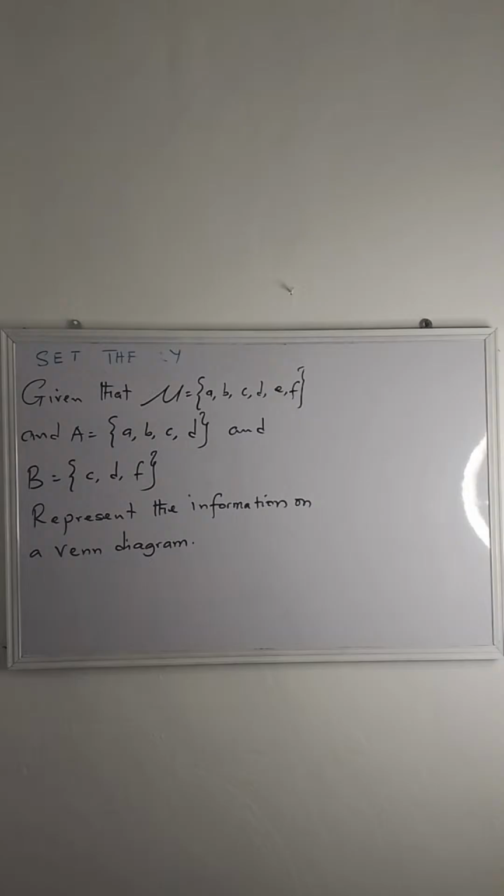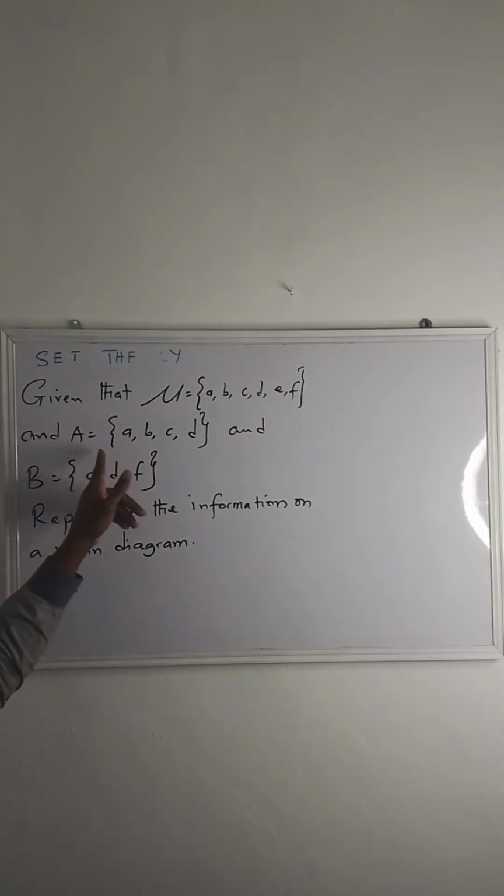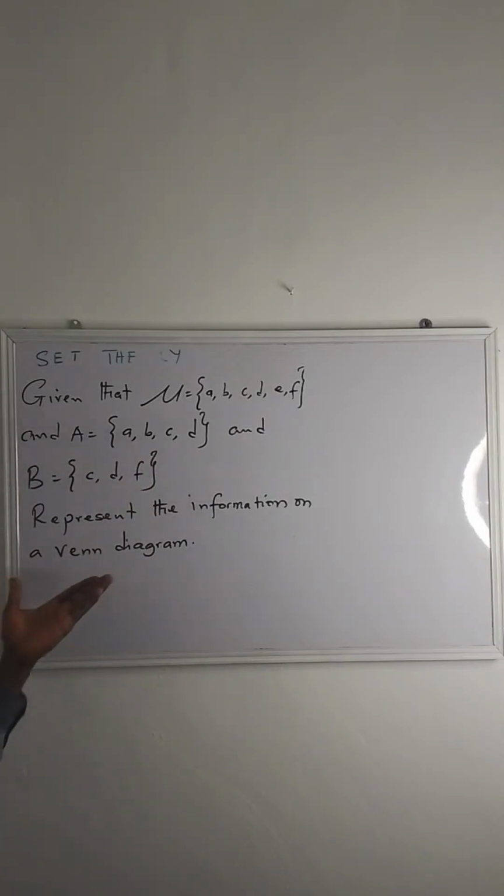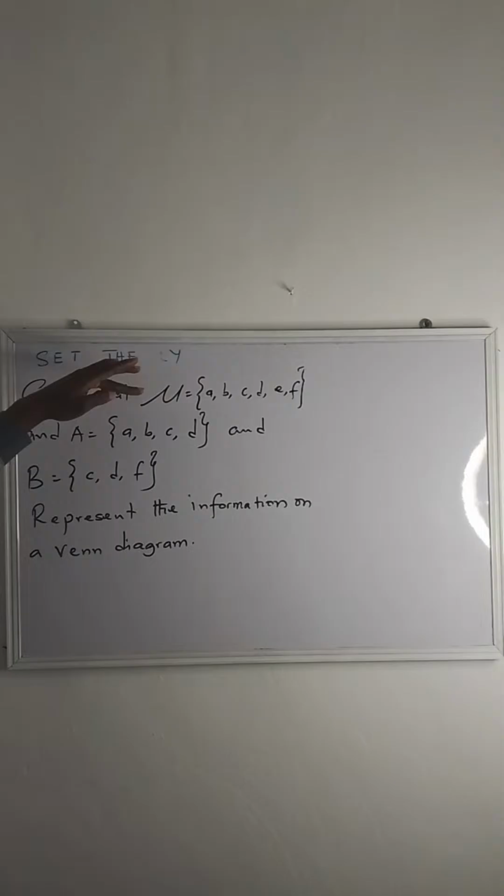Like I said the last time, sets are represented either in curly brackets, just like we have here, or on a Venn diagram. So now let's look at it. We have three sets: the universal set, set A, and set B.